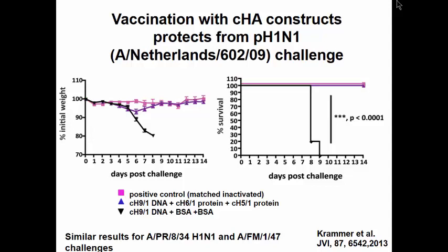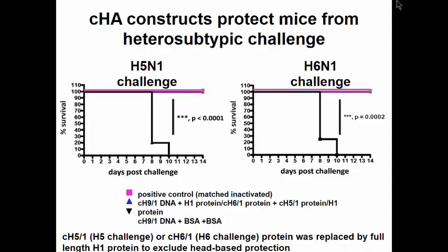And if one just looks at the survival, the stalk vaccinated animals are actually completely protected. Now, we also have done this in terms of different subtypes, so basically, as long as we have a stalk belonging to group 1, all of the mice are fully protected.